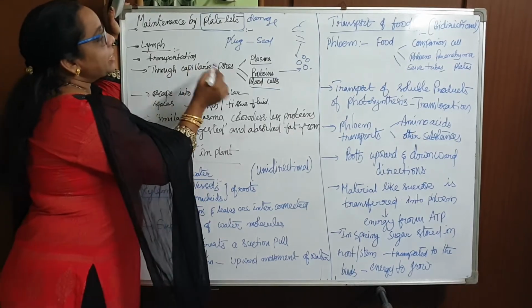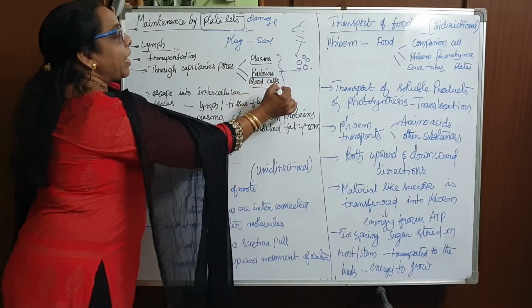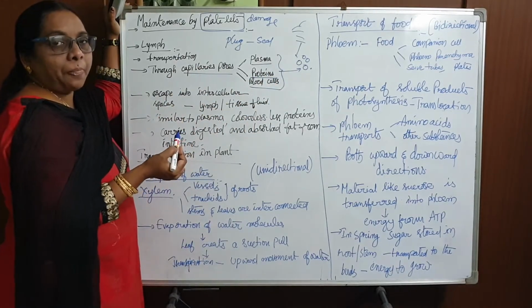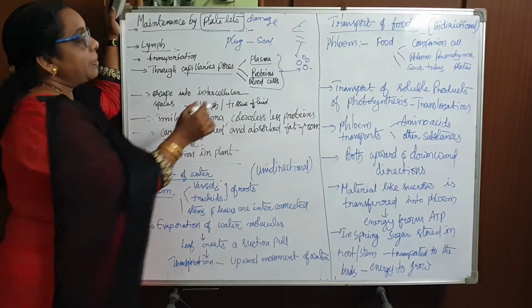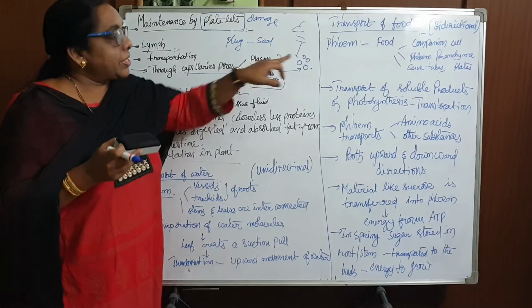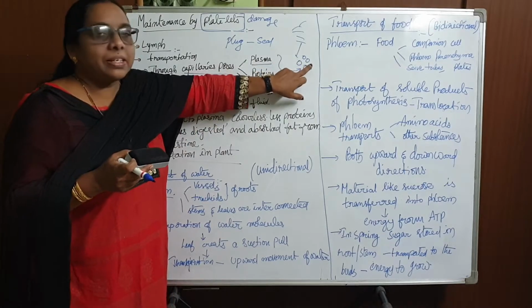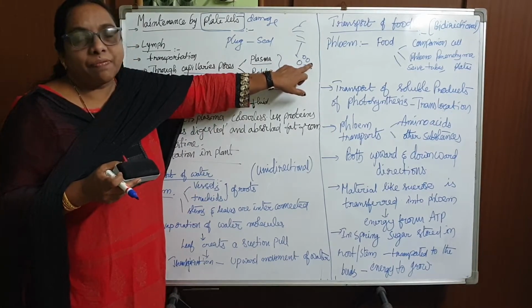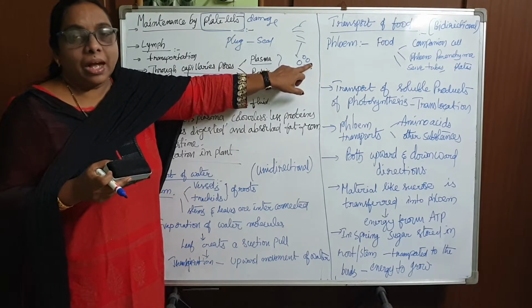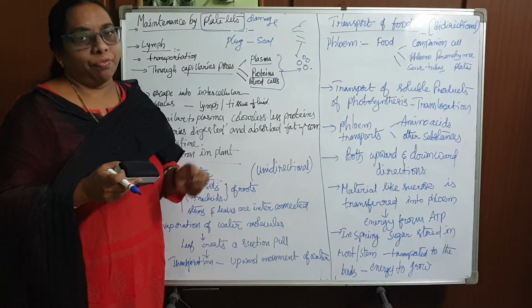So where is it coming from? It is coming from the capillary pores. Through the capillary pores, plasma, proteins and blood cells escape into the space in between the cells, and this fluid flows, and that particular fluid is called lymph, or also a tissue fluid.